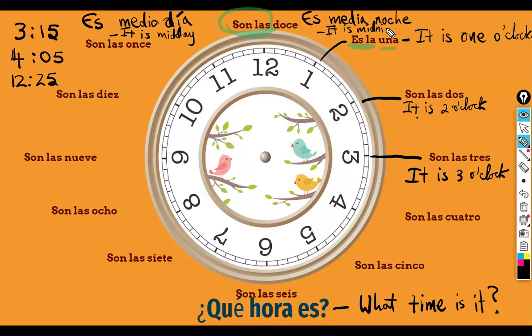So day is masculine. So you'll notice medio is an adjective. It is masculine to agree with day, right? And noche is feminine. So media with an A to agree with night, which is feminine, right? Right.